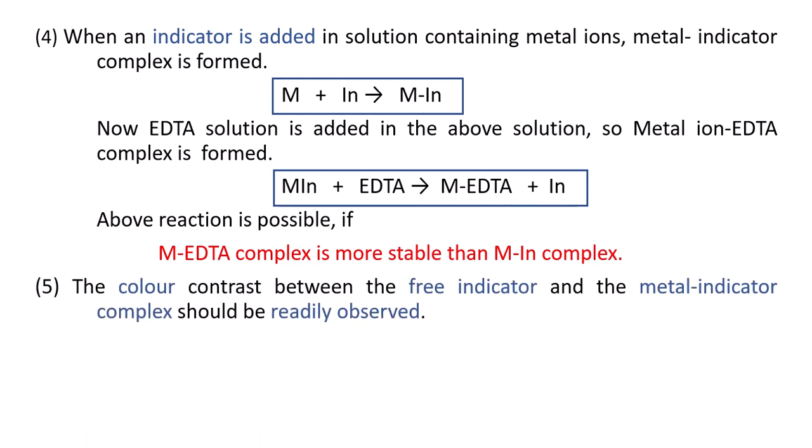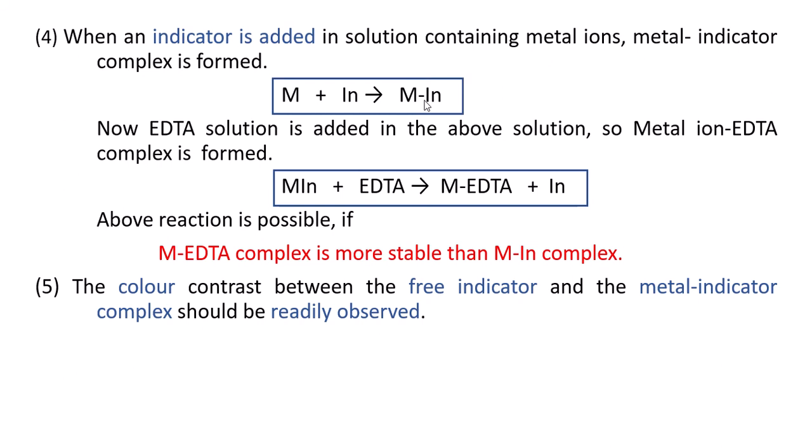Now the color contrast between the free indicator and the metal indicator complex should be readily observable. That means here we get the metal EDTA complex, thereby releasing the indicator in its free form. This indicator has its own color. This color and the metal indicator color should be observable.